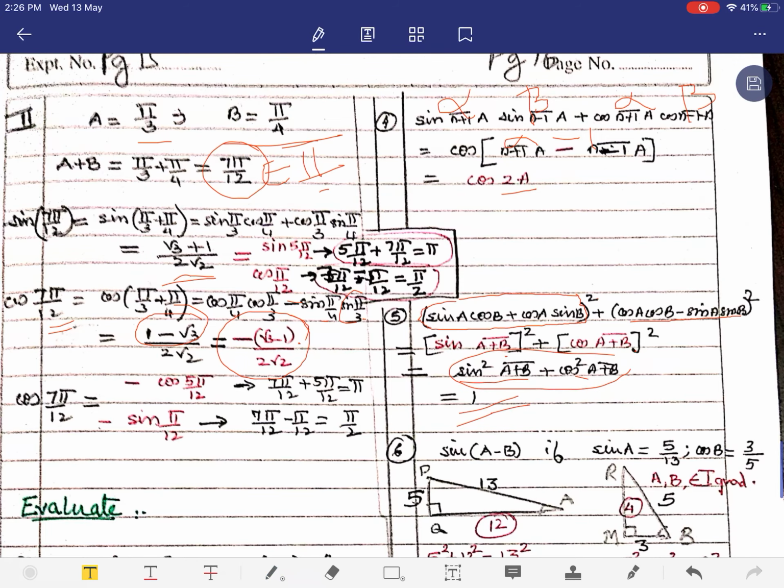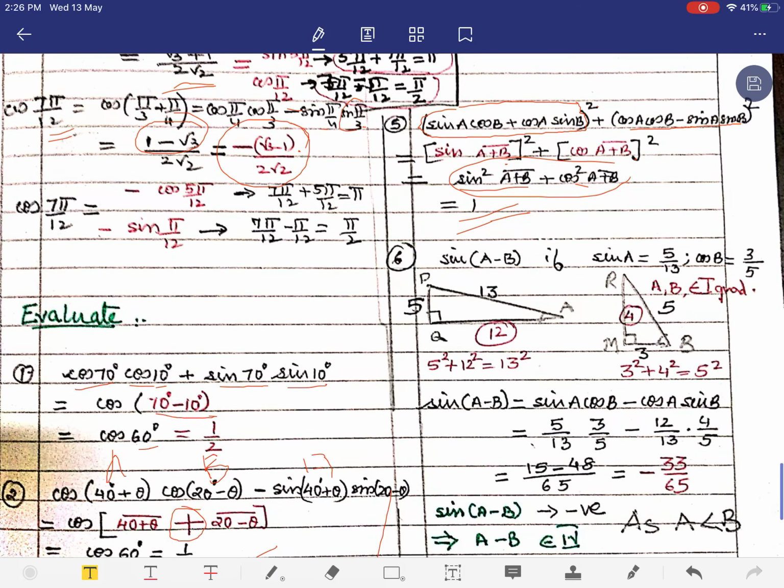Another type of question that we have is to find the value of sine of A minus B with the given information, that is sine of A is 5 upon 13, cos of B is 3 upon 5, which says that A and B are two angles of two different triangles. They are not of the same triangle. So, first I prefer to go in for a triangle method here, that is we will rewrite this expression in terms of this triangle.